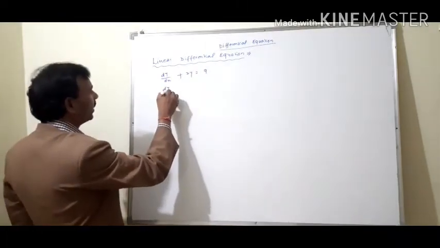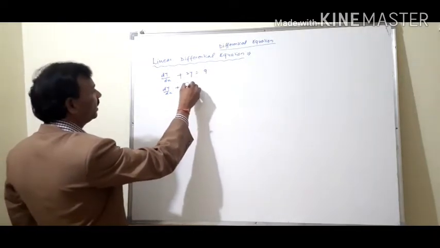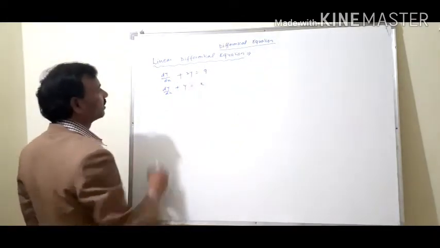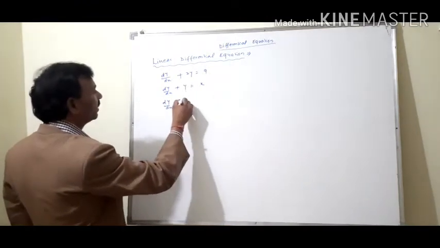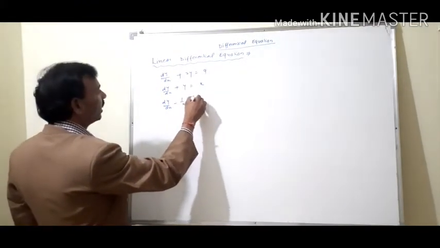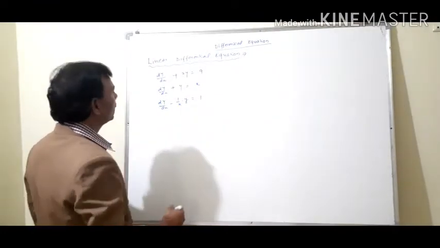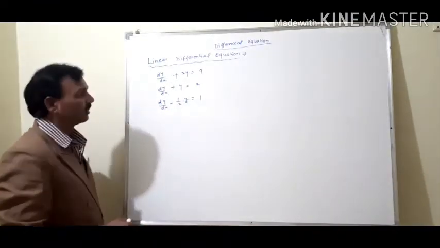dy upon dx plus y equal to x. dy upon dx minus 1 upon x into y equal to 1. These are all linear differential equations.